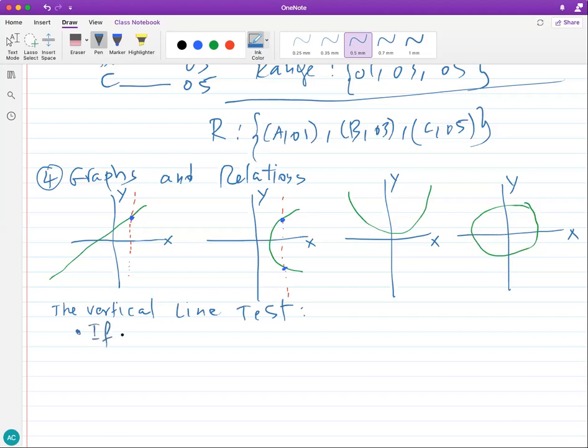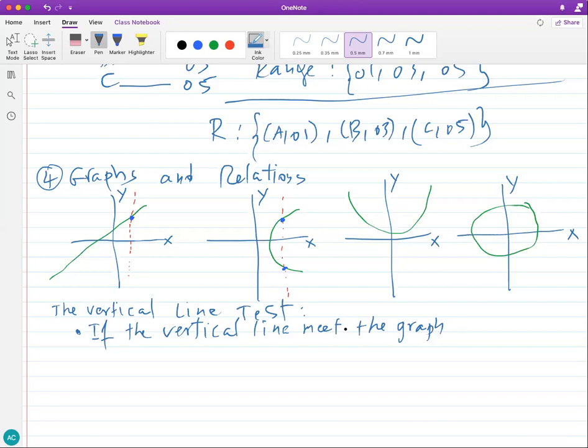Let me write it down here for you. So if the vertical line meets the graph once, it's a function. And it's only done vertically. That's right, only vertical.